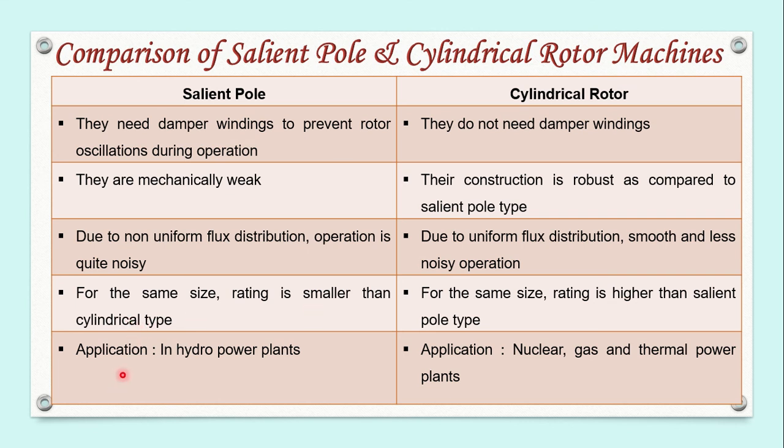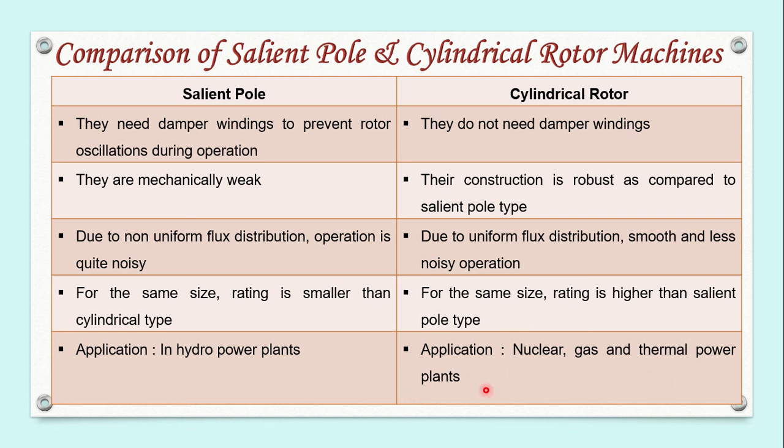The next point is regarding the application. The salient pole machines are usually connected to the hydro alternators. Sorry, it is actually used in hydropower plants. That is, they are connected to the hydro turbines. Whereas cylindrical rotor machines are used in nuclear, gas and thermal power plants.